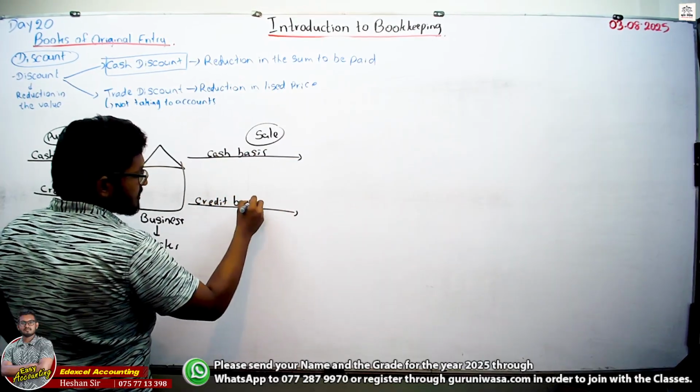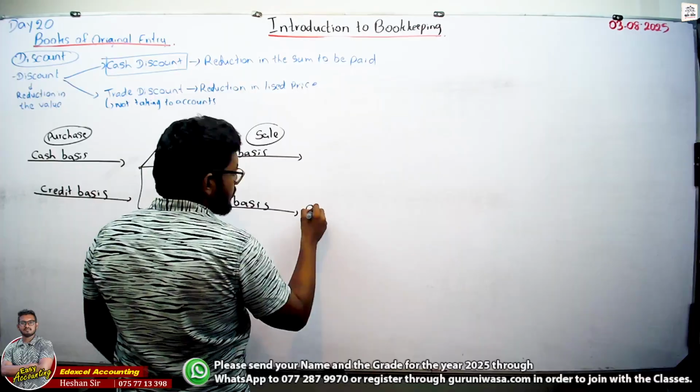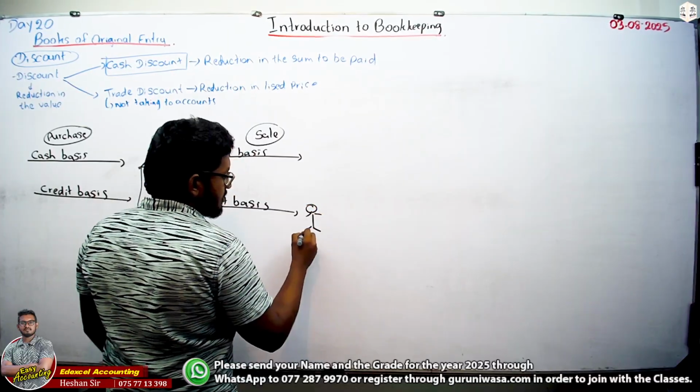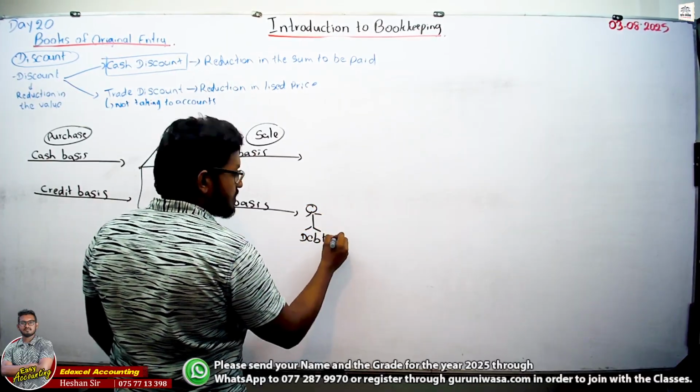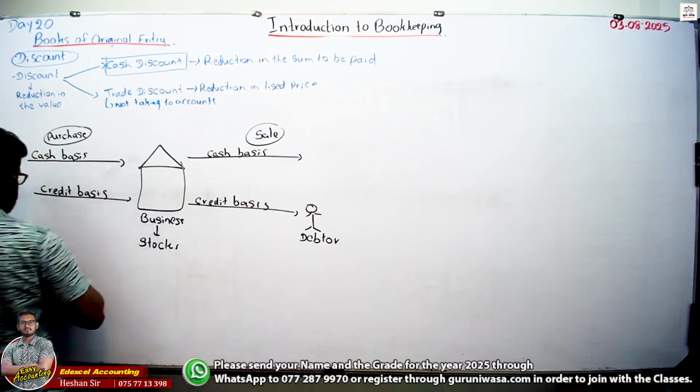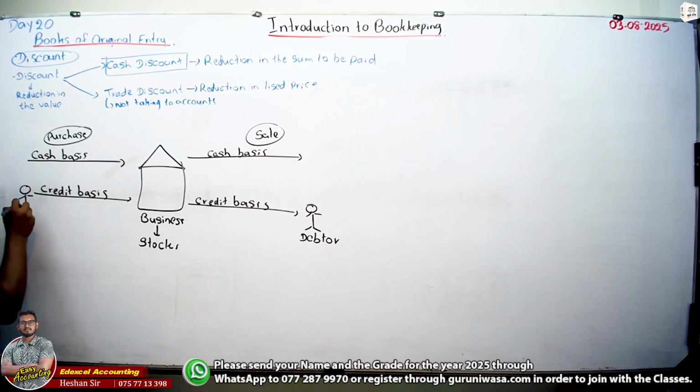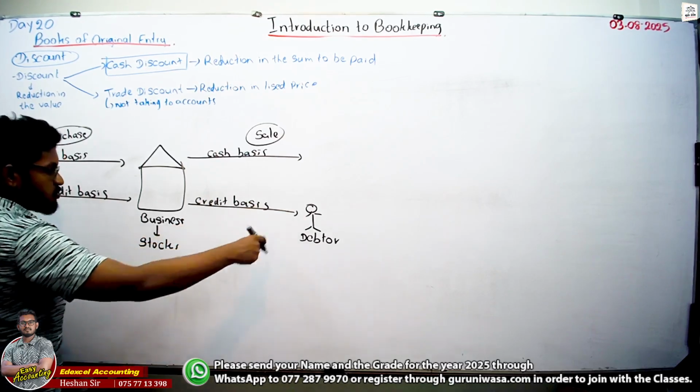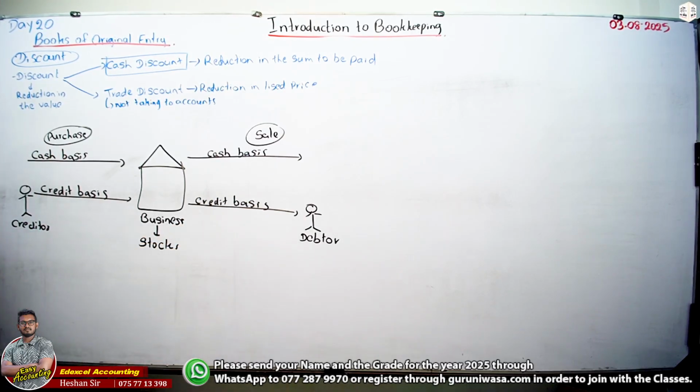When the business sells goods on credit, we identify the other party as debtor or trade receivable, recorded in the receivable ledger. When it purchases on credit, the other party is a creditor, recorded in the payable ledger.